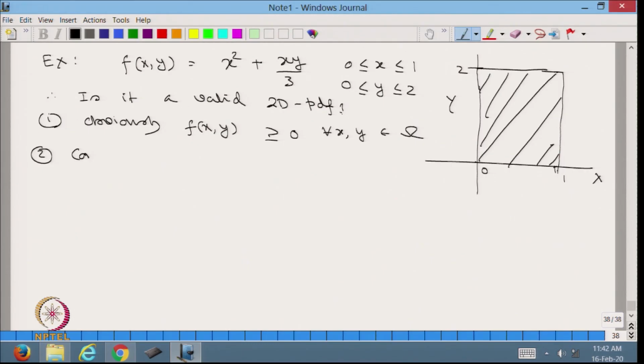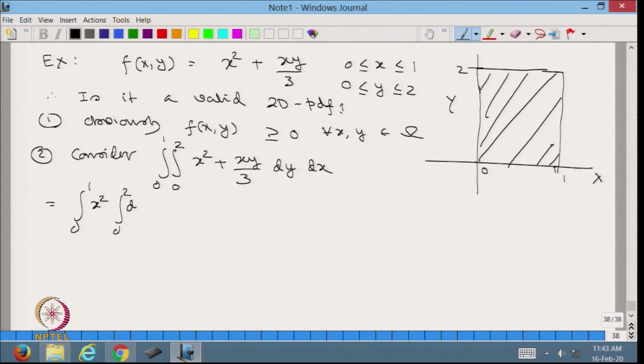Now, consider the integration x is equal to 0 to 1, y is equal to 0 to 2, of x square plus xy by 3 dy dx, which is equal to integration 0 to 1 x square times integration 0 to 2 dy, plus integration 0 to 1 x by 3 times integration 0 to 2 y dy.